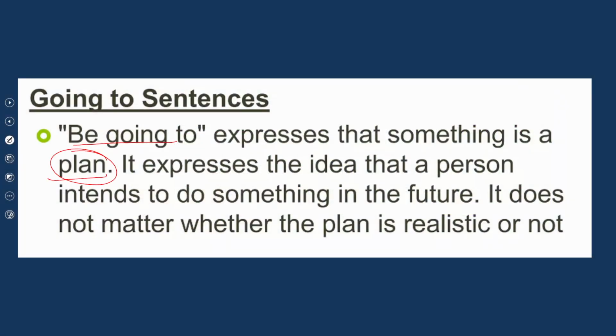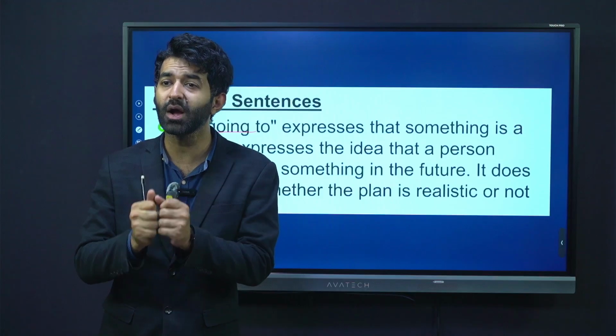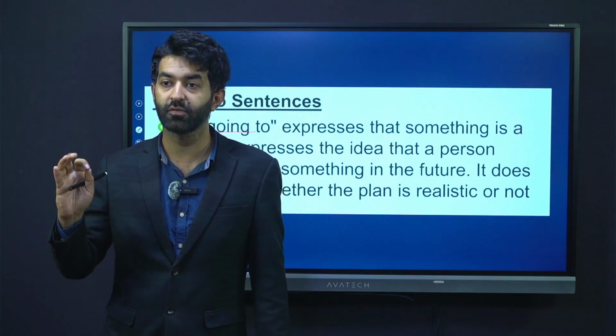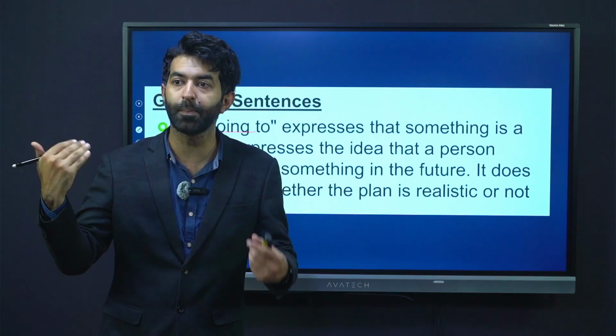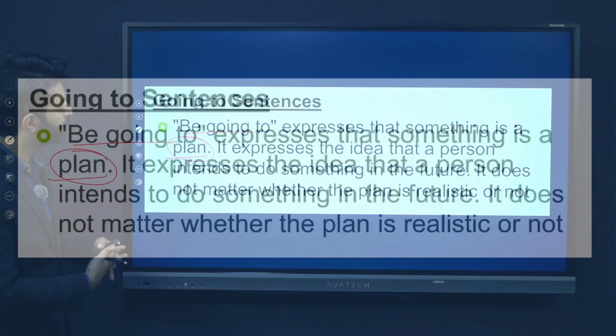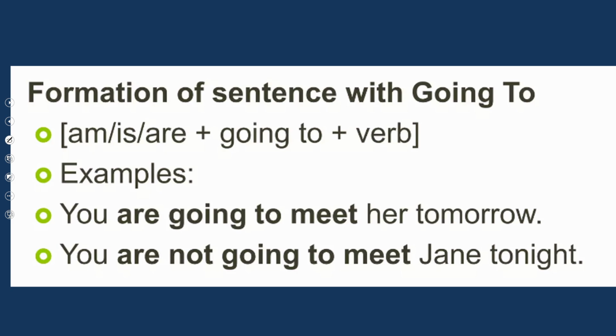You have a plan, like everything is decided. All right, I'm going to do this. It means ये पक्का decision है, ये decided है, ये पूरा thoughtful, ये इसको पहले से सोच लिया गया है, and that's all. It expresses the idea that a person intends to do something in the future. It does not matter whether the plan is realistic or not.